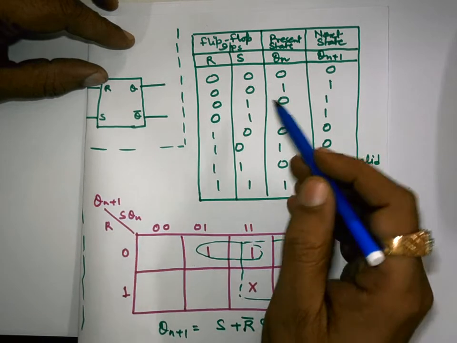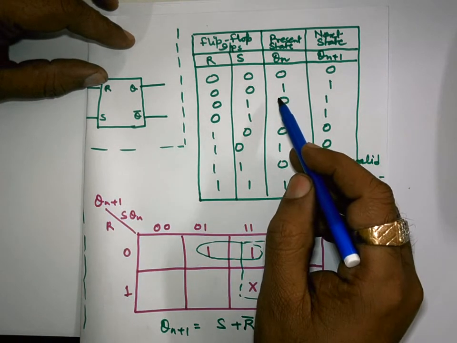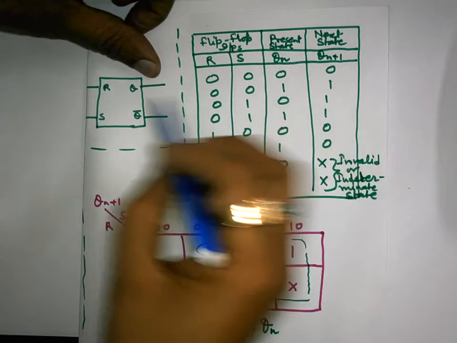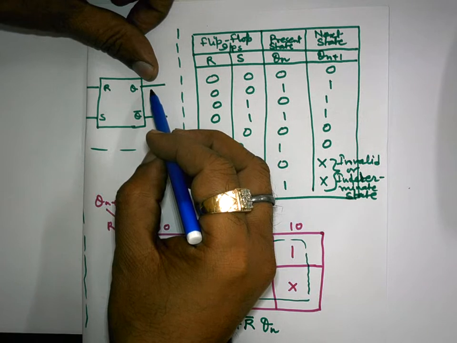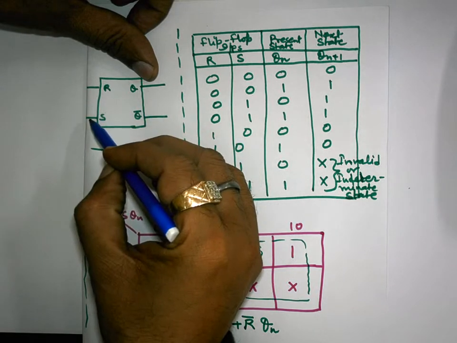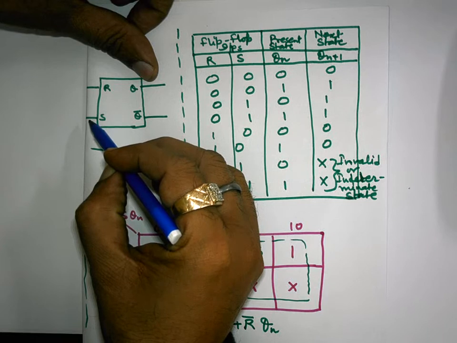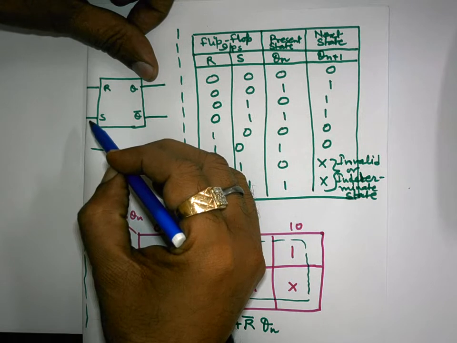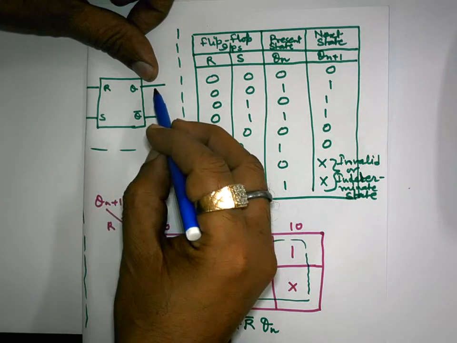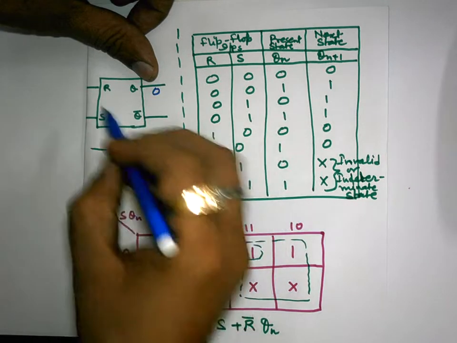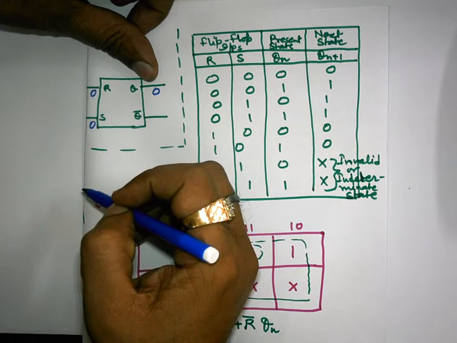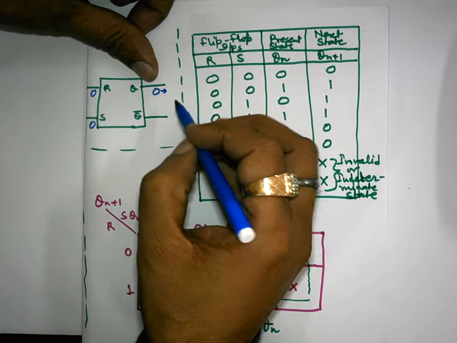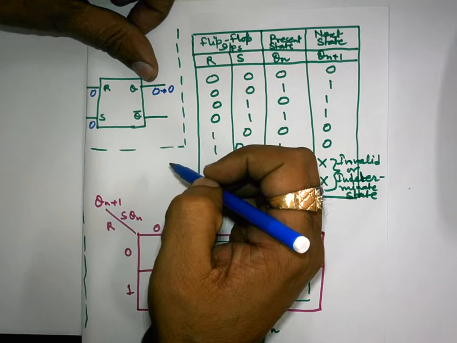So if we construct the characteristic table, meaning what present state is there, this we know, what input we have applied, this we know, and in which next state the circuit is going, that we have to evaluate. Suppose the circuit was in present state 0, and the applied input is 0 0, in which next state will the circuit go? It will remain in 0 state.